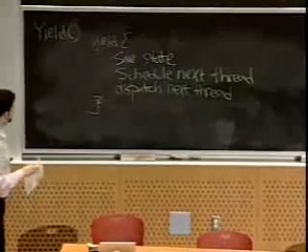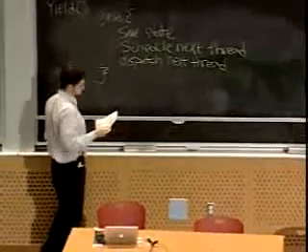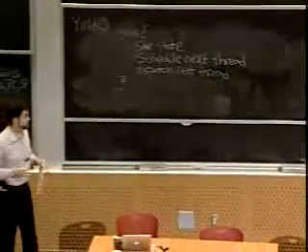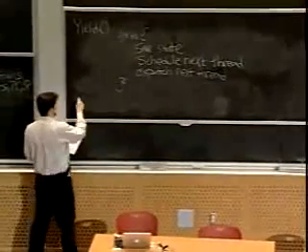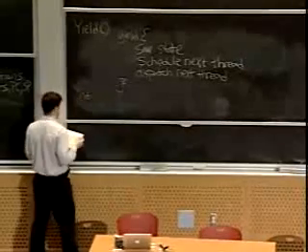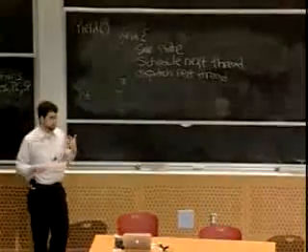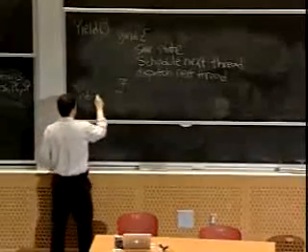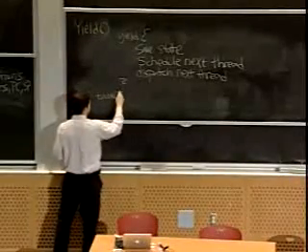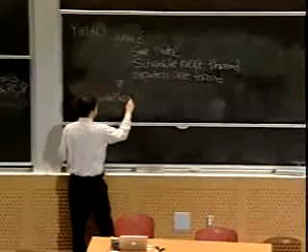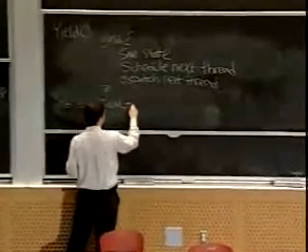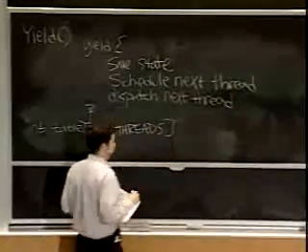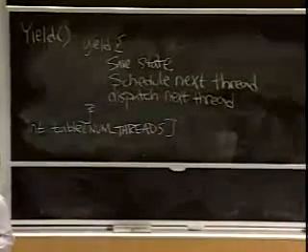Okay, so I want to take you through a very simple example of a program that has multiple threads in it. And we're going to have a simple thread scheduler. The thread scheduler is the thing that decides which thread to run next. This thread scheduler is going to keep an array of fixed size, call it num threads, of all the threads that are currently running on the system.